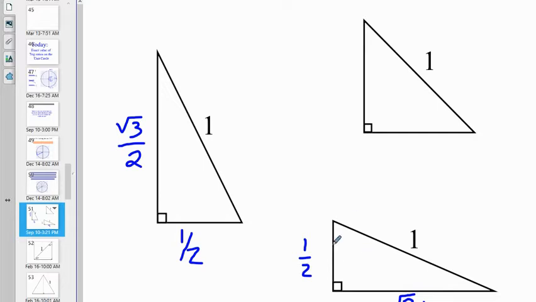So short side of a 30, 60, 90, 1/2, long leg of a 30, 60, 90, root 3 over 2, no matter whether it's tall and skinny or short and wide. And then for the 45, 45, 90 triangle, the 2 sides are the same. And again, from the Pythagorean theorem, from geometry, from the way that math works, both of these end up being the same thing. These are both the square root of 2 over 2. So vertical and horizontal are both the same thing.